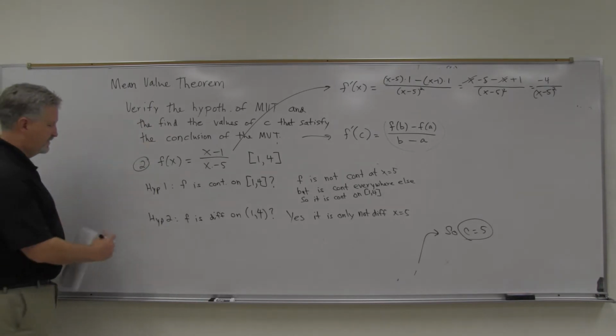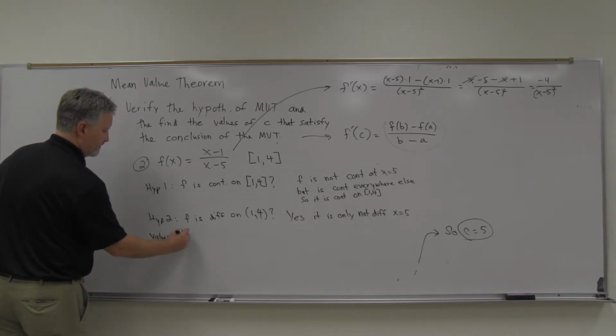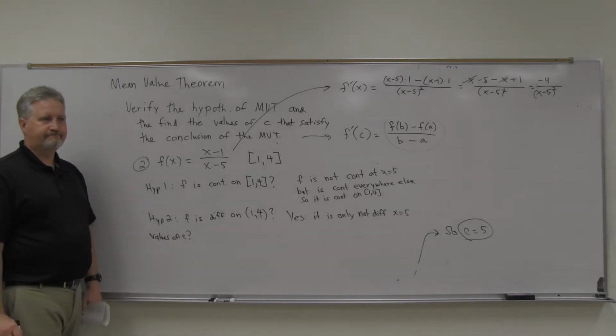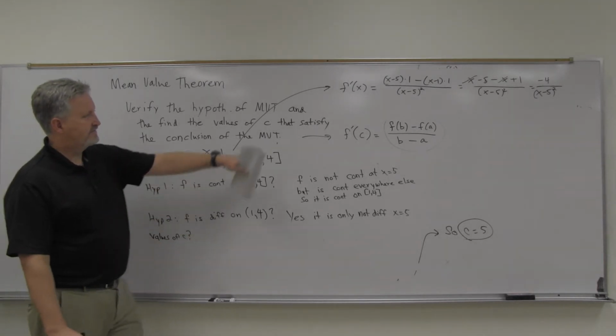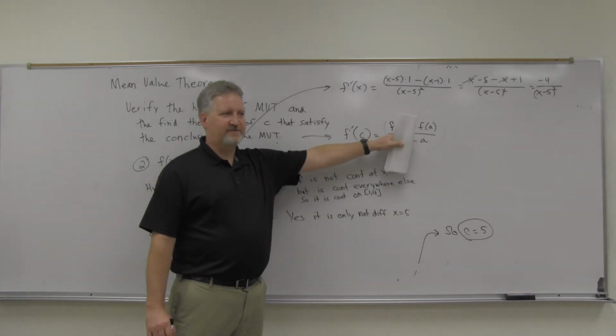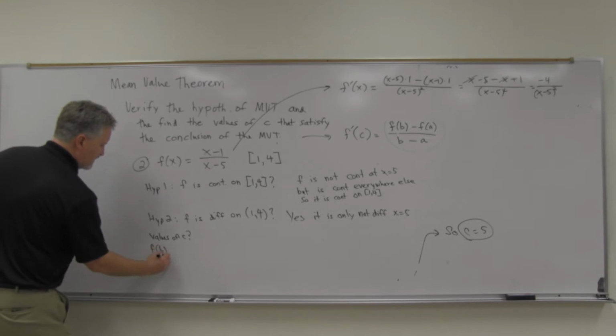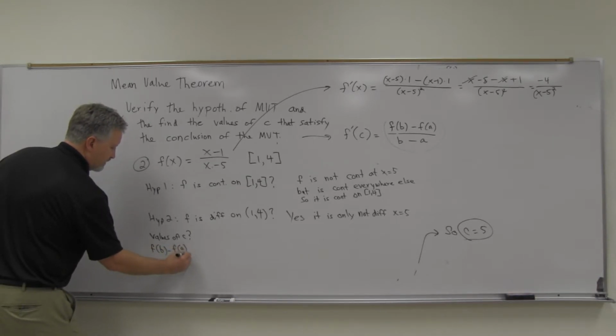So what are my values of c? Well, again, I want f prime of c to equal the slope, f of b minus f of a over b minus a.